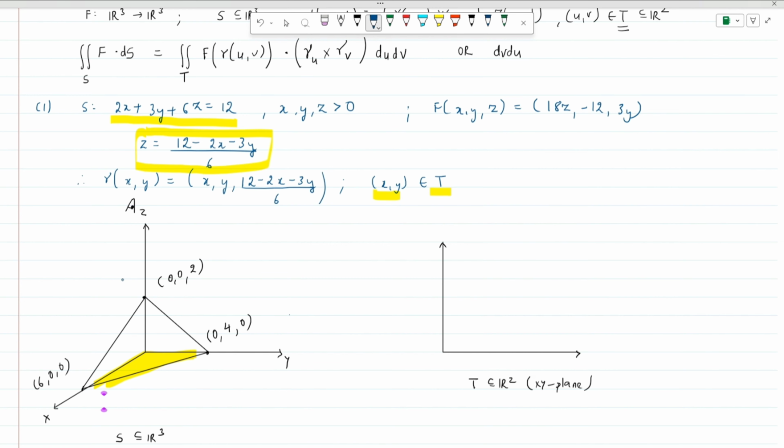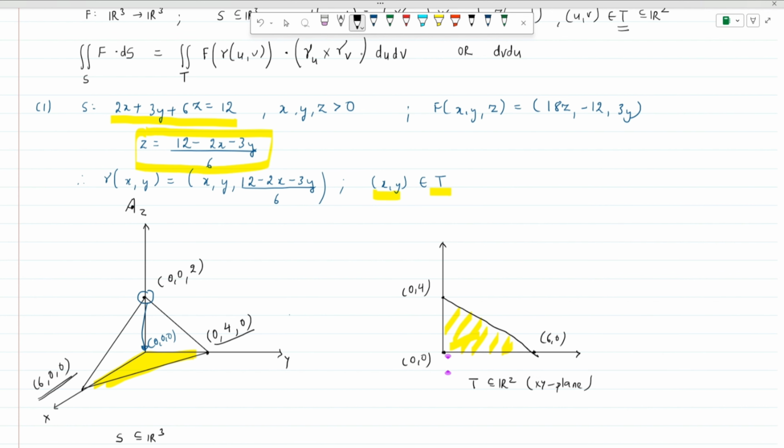So the vertex 0 0 2 will drop down to the origin 0 comma 0, and all these points in the xy plane, so 6 0 0 will be mapped to 6 0, while 0 4 0 will be mapped to 0 comma 4, and 0 0 2 is mapped to the origin. And we can join these points, and this is the region T of integration, of the double integration.